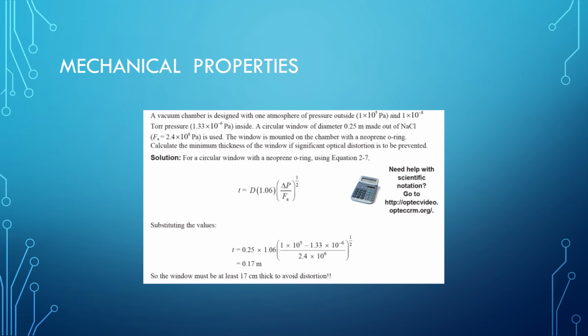So I used that equation, which was 2.7, that says thickness is equal to D times 1.06 times the square root of delta P over FA.